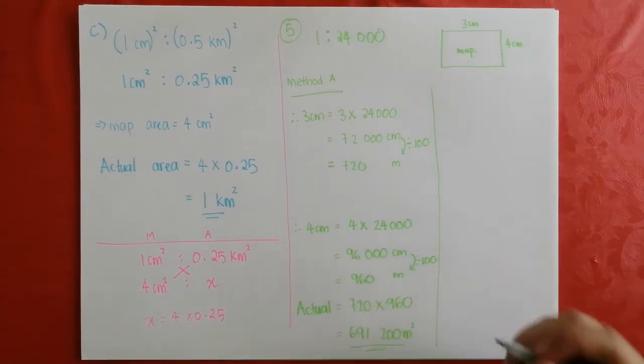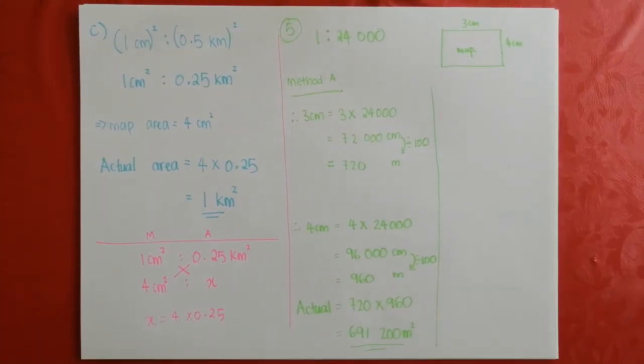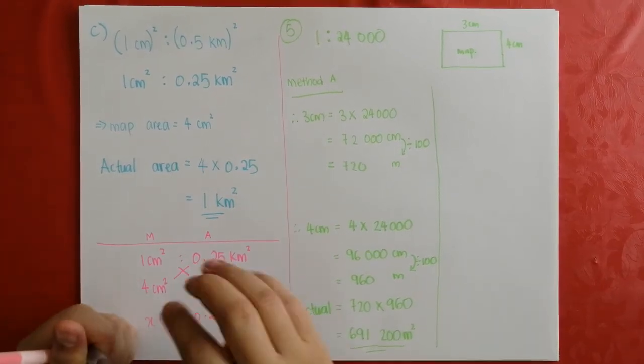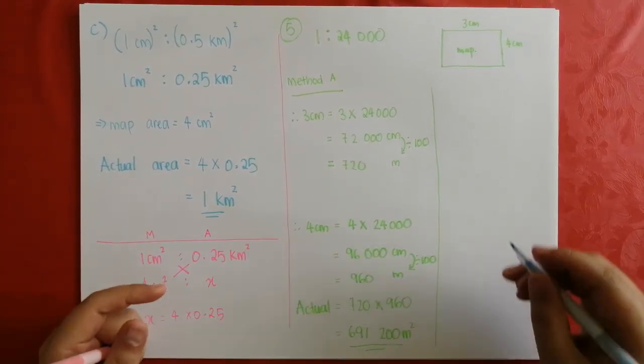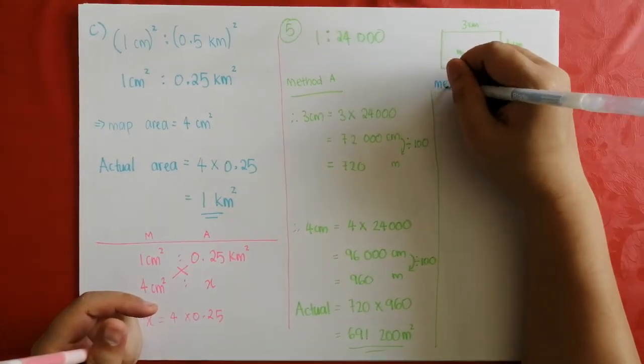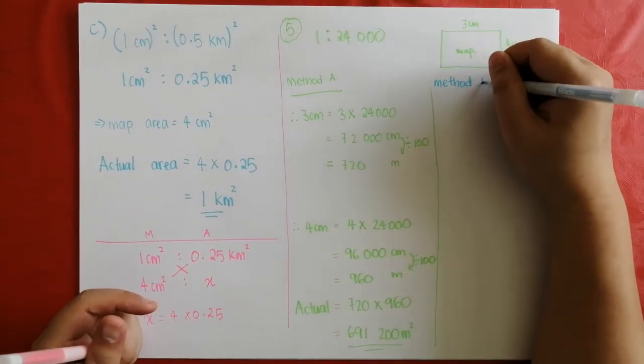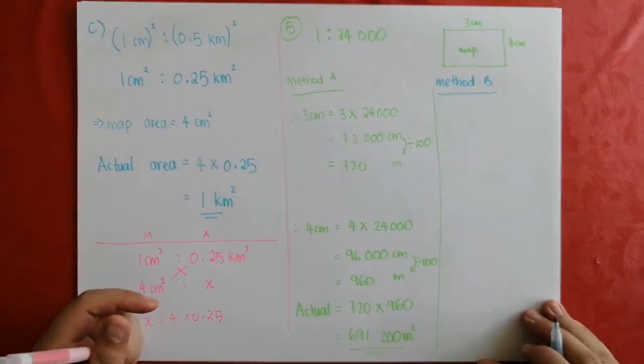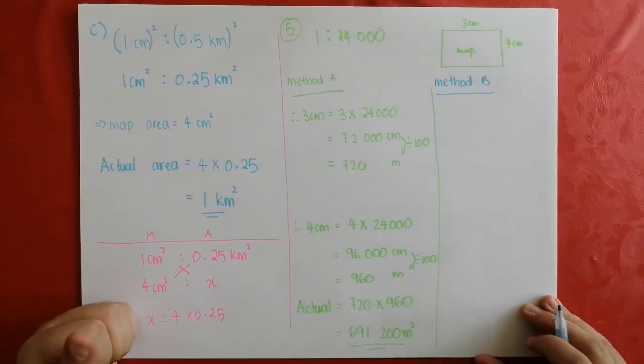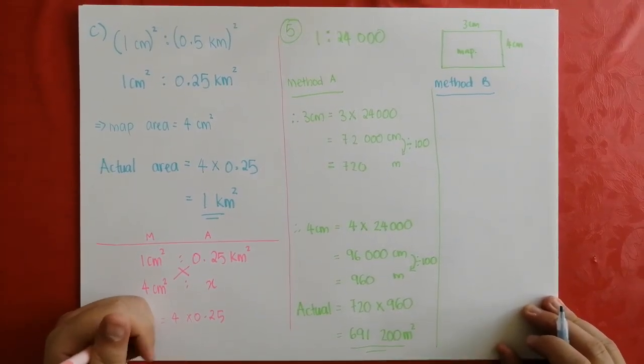That is method A, where you convert the length to meter, then find the area. Method B, on the other hand, is where we convert the scale.